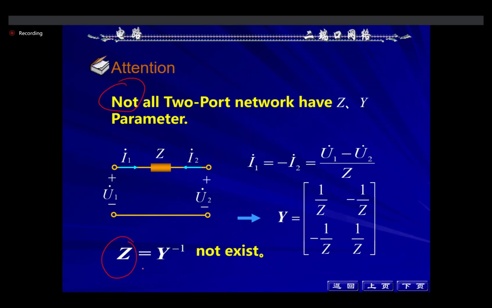This means we can't use current to express voltage. Why? For example, for this circuit, we tell you this 10 ohm, this 1 ampere. So this will be minus 1 ampere.